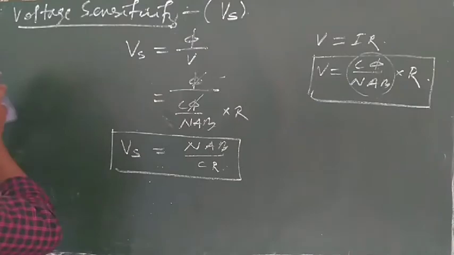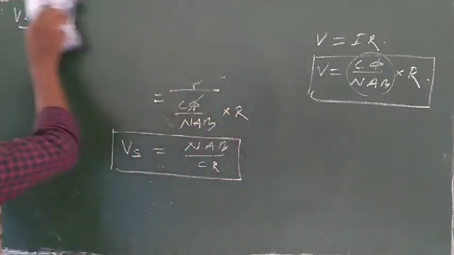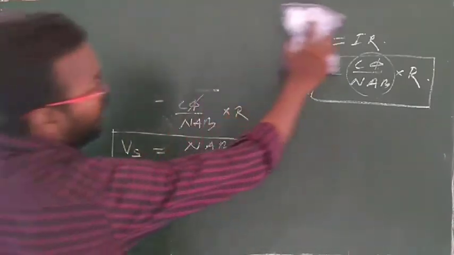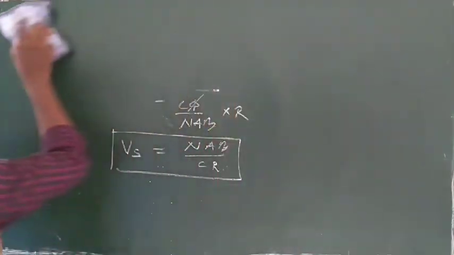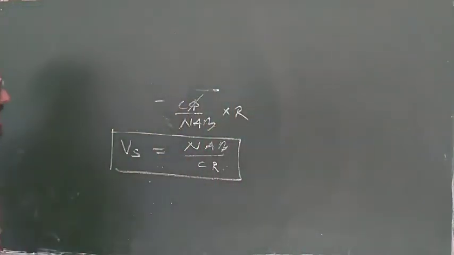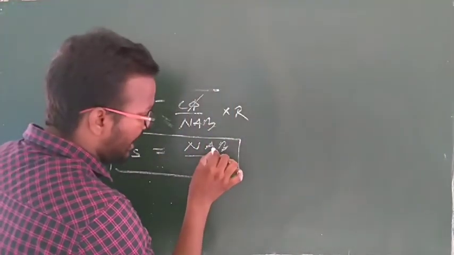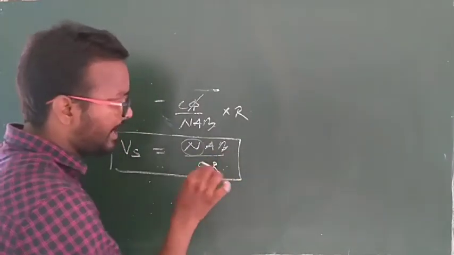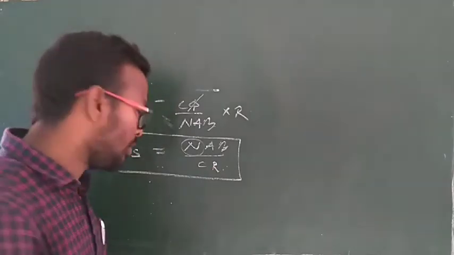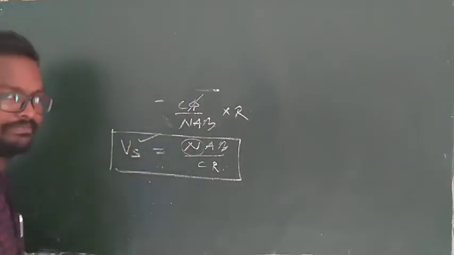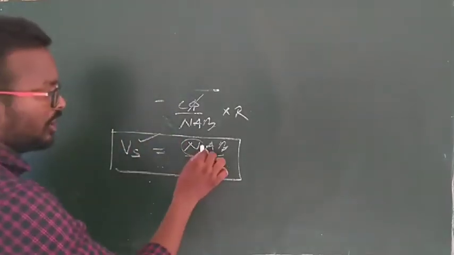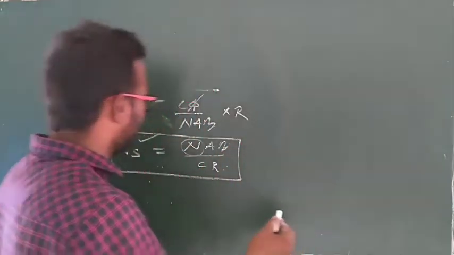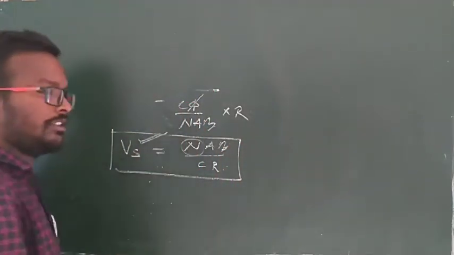If we want to increase the voltage sensitivity of a galvanometer, then we have to increase the area. If we increase the number of turns of a galvanometer, can we increase the voltage sensitivity?